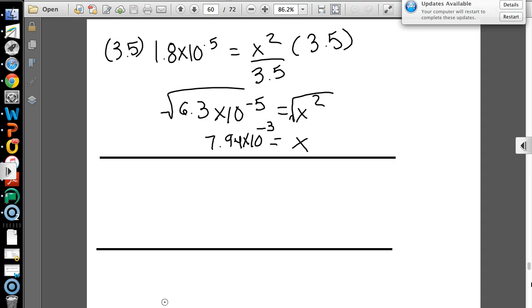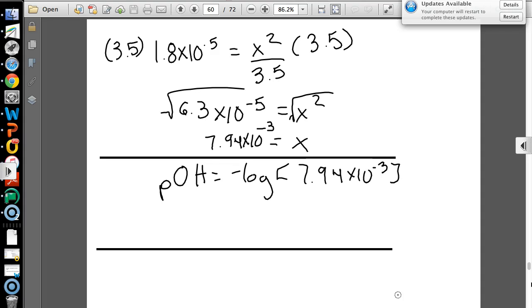What do you prefer? You want to try that way? I like to subtract from 14. That's how I go. All right, so my pOH is equal to the negative log of that. When I go to solve for the pOH, I'm just going to hit negative log on my calculator.